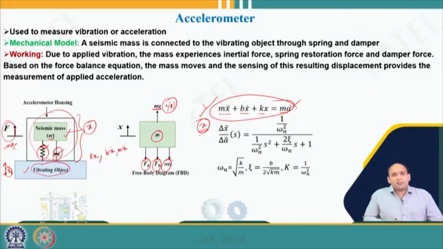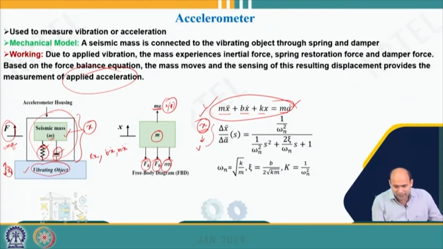With respect to this mass spring damper system, that is the accelerometer, you will use some transduction mechanism, either resistive or capacitive or piezoelectric, through which you convert this displacement into a corresponding voltage output, and by measuring that voltage you will get the measurement of your unknown applied acceleration, isn't it? So that is the main fundamental principle of your accelerometer, right?